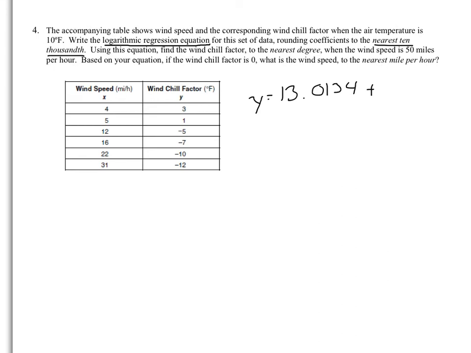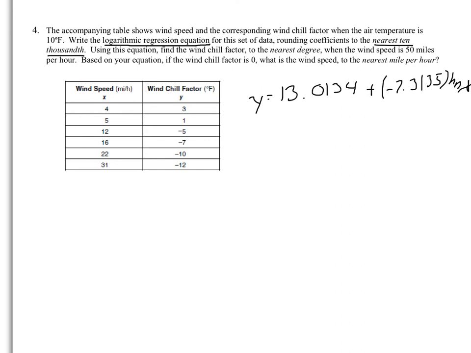Now I actually got a negative b value, so I get negative 7.3135 ln of x. Ran out of room there, my apologies. I'll rewrite that better in the next question. So y equals 13.0134 plus a negative 7.3135 times ln of x.